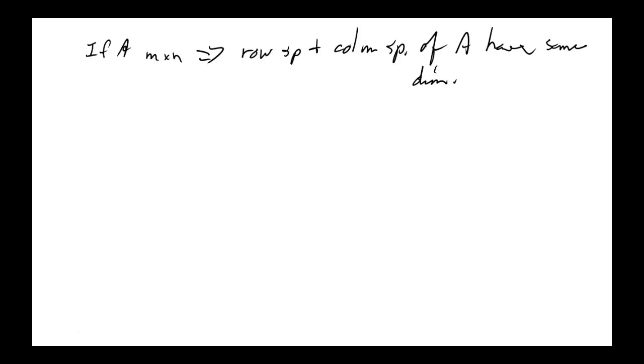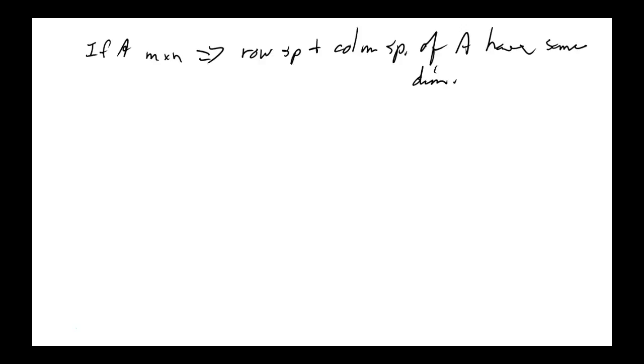Suppose that the row space of A has a dimension R, and a basis of, and then they introduce some new vectors, B1 through BR. R has to be, of course, less than or equal to M, because you can't have more than you had to begin with.